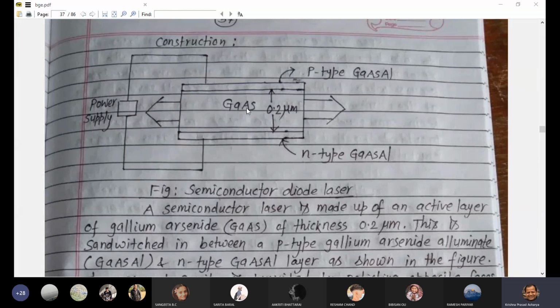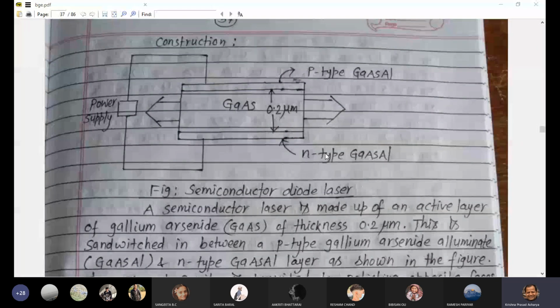A semiconductor diode laser is made up of an active layer of gallium arsenide, which is very thin, of the order of 0.2 micrometer, and this crystal is sandwiched in between two types of semiconductor. One is P-type gallium arsenide aluminate and another is N-type gallium arsenide aluminate.